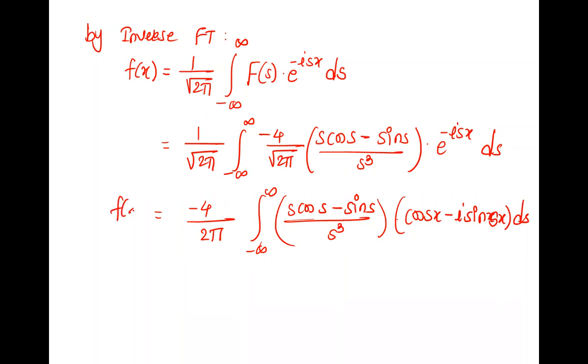This is f of x. But here it is -2 by pi, minus infinity to infinity, this into this into this.